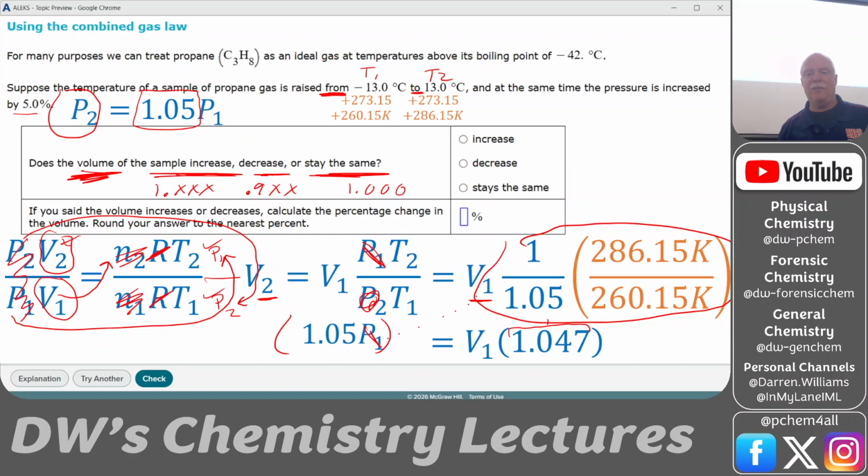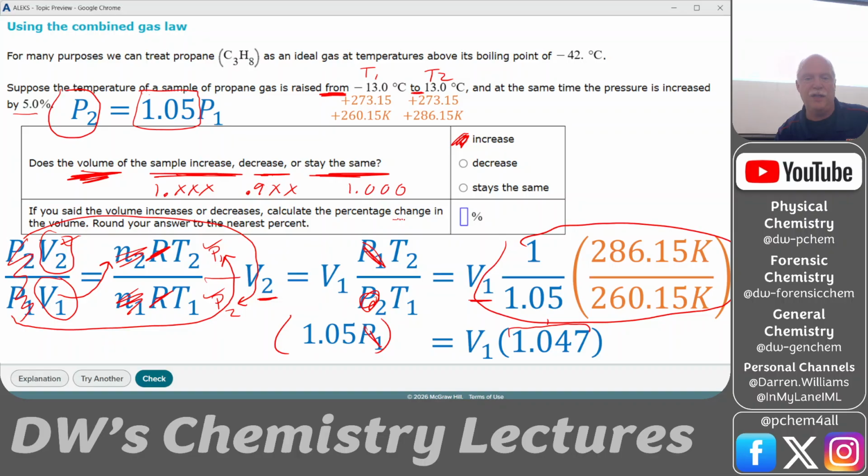So if all of these numbers multiplied and they were exactly worked out to where it was just 1, so V2 is equal to V1 times 1. So V2 is equal to V1, there's no change. But if V2 is equal to V1 times some number greater than 1, it increased. If it's times some number less than 1, it decreased. And so that's the answer to this first question. So we would say it increased.